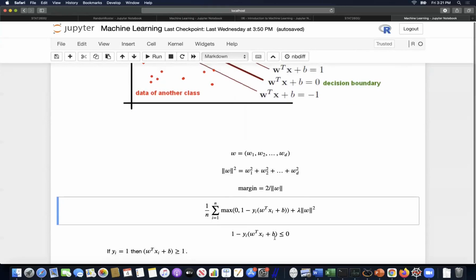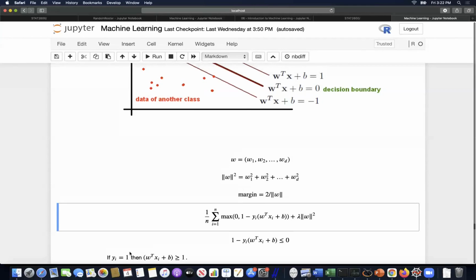Now, why are we going to be happy if this is less than or equal to 0? Why am I claiming that? The reason is this. yi is either 1 or -1. Let's assume it is 1. Then you take all of these terms to the right-hand side, and that gives you W transpose xi plus b bigger than or equal to 1.